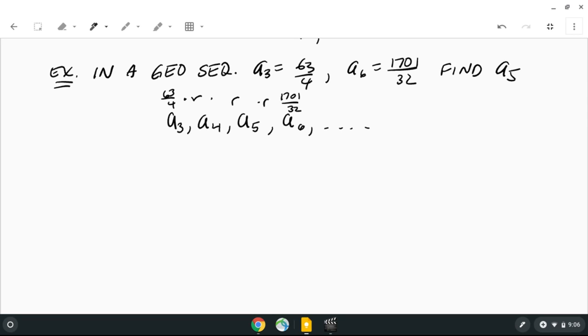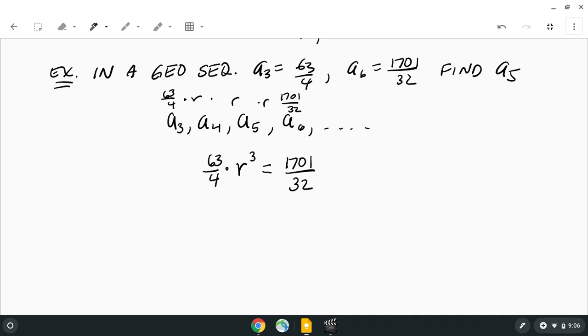So we essentially did 63 over 4 times R to the third power, and that should give us A6. If we solve for R here, I'm going to multiply by 4 over 63 on both sides to cancel these.